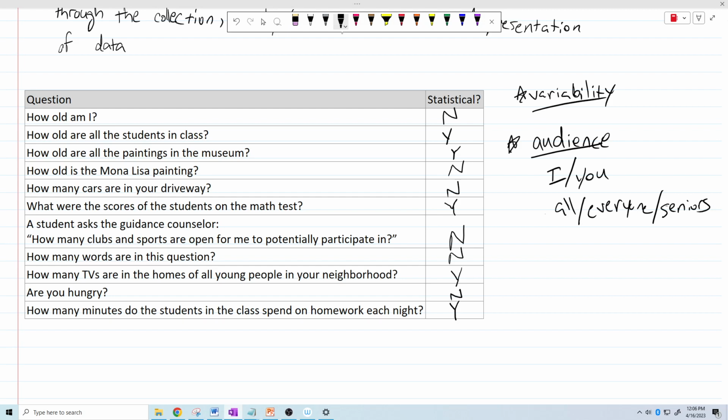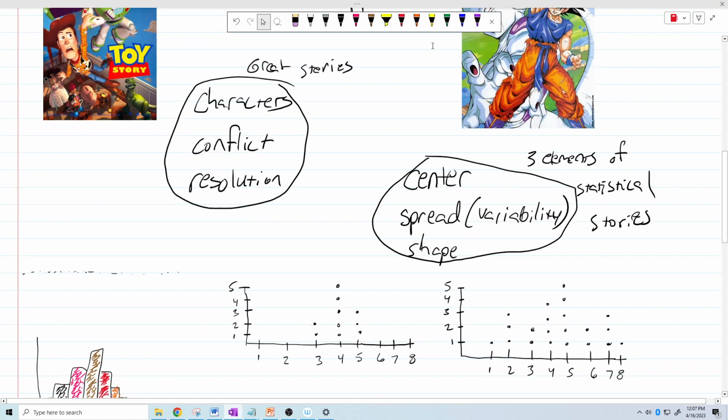So if you want some strategies, here's the strategy for when you dissect these questions and begin to build out your statistical representations and data. With that said, all I wanted to do in this video was introduce, most importantly, the three elements of statistical stories. Again, do not forget this, for we will talk in much greater detail.